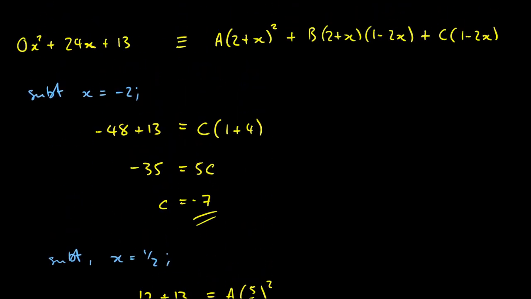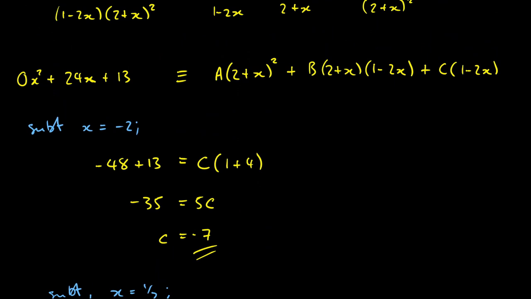So now what we need to do is find B. Well, our elimination strategy no longer works. So what could we do instead? Well, I suggest that you now compare the constants on both sides. The constant on the left-hand side is going to be 13. Is there a clever way we can get the constant on the right-hand side without having to expand all of this? Well, there is.